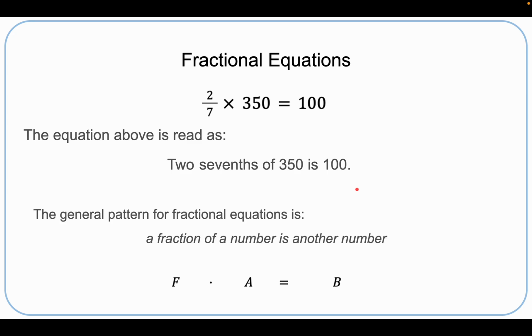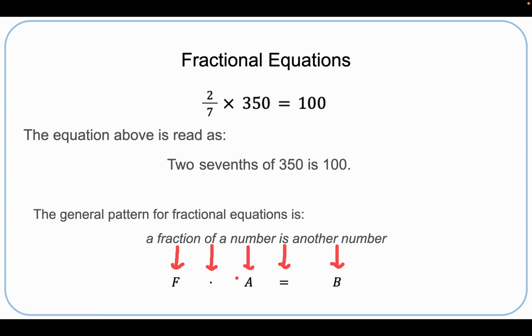So the general pattern for fractional equations, or equations that contain fractions, is a fraction of a number is another number. So you can see this literally, a fraction represented by f, of is our multiplication sign, a number is a, the word is an equal sign, and another number is b.